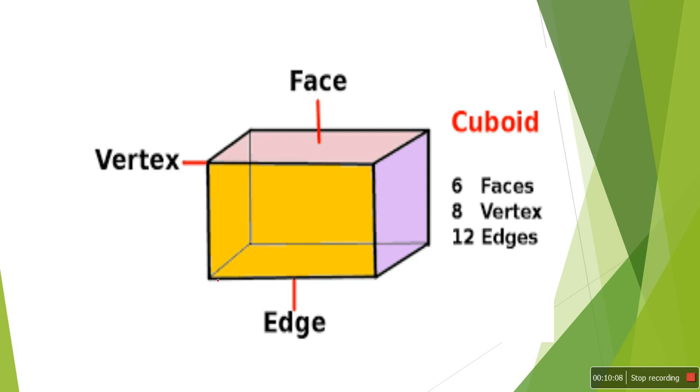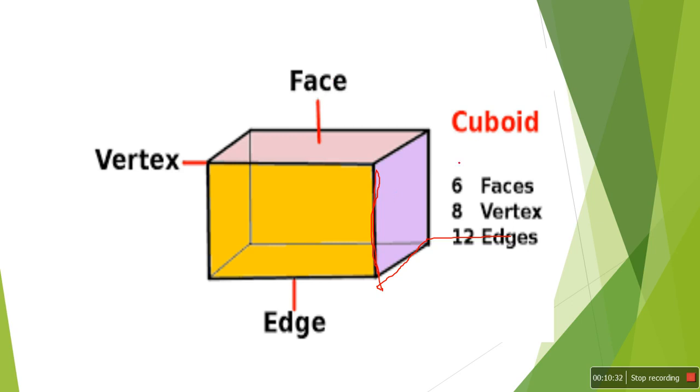And edges, that means straight lines. These are edges. And vertex: this one is a vertex, this one, this one, and so on. So here you can easily identify vertex, edges and faces.